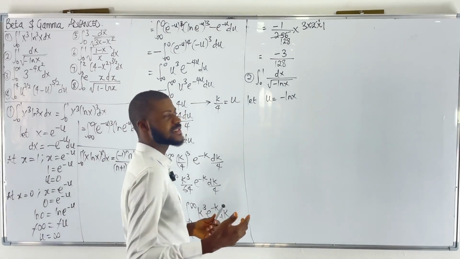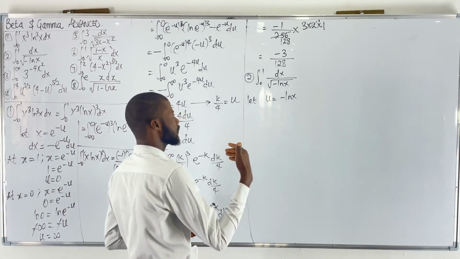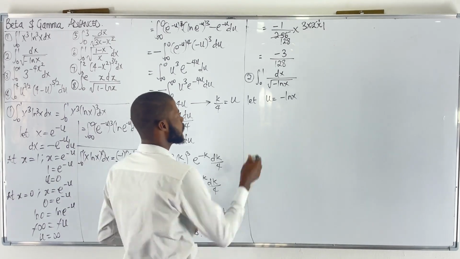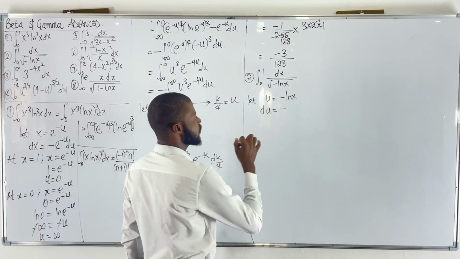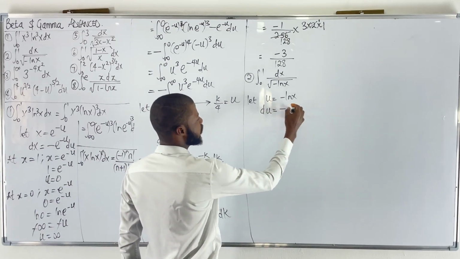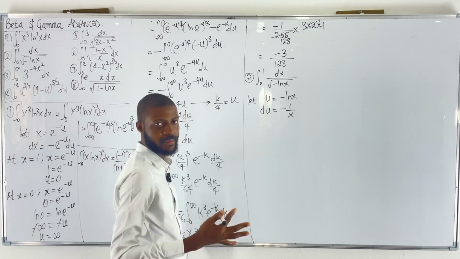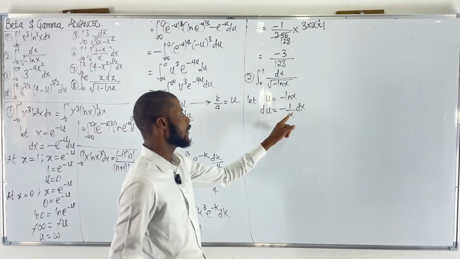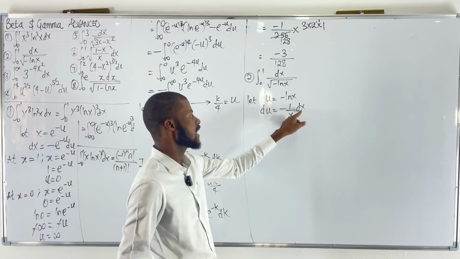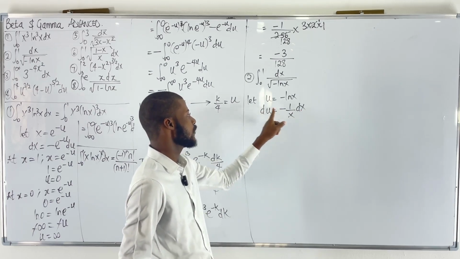Next, let me start with my differentiation. If I differentiate this, du equals minus. Remember that if you differentiate ln x, you will just have 1 over x. So dx. That's what you're going to get. Now, we're trying to make dx stand alone. So this x would have to come here.